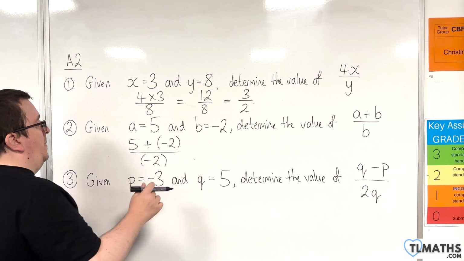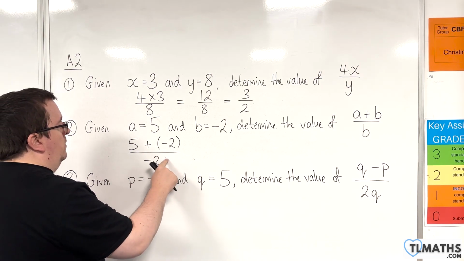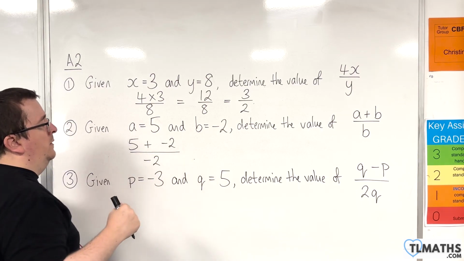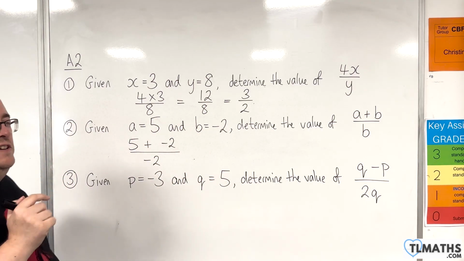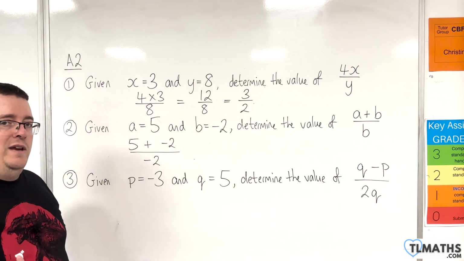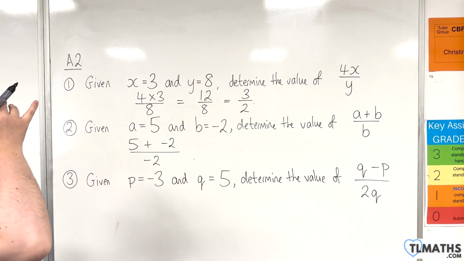You would be able to get away with not including them in this example, because we understand that 5 plus negative 2 means 5 take away 2. So we can get away with that.